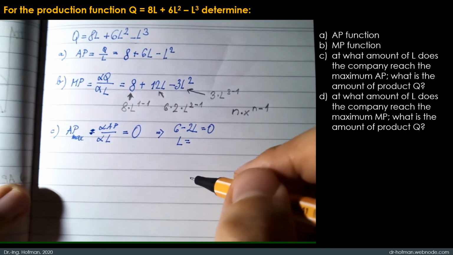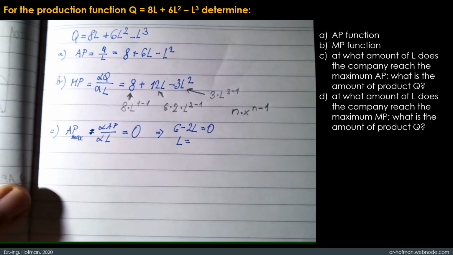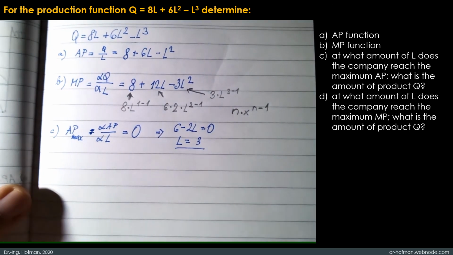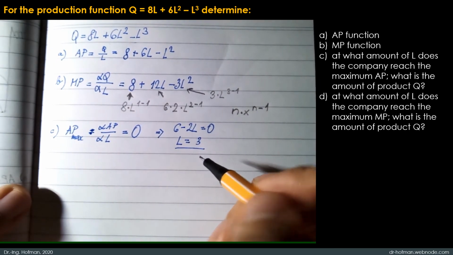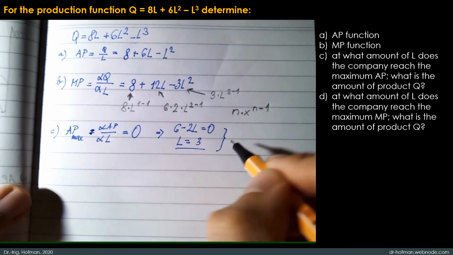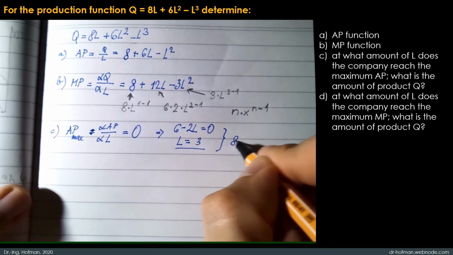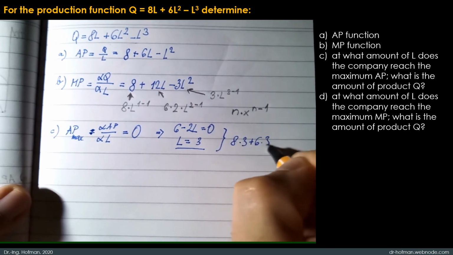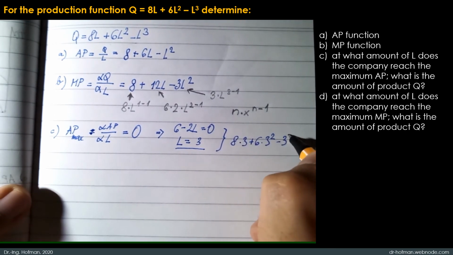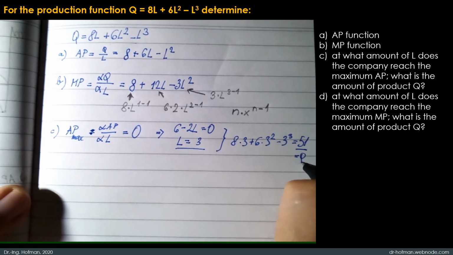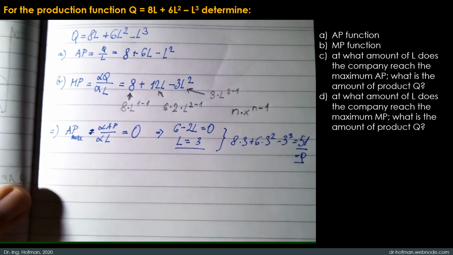From here you know that L equals 3. The other point, Q, by 3 employees, then the production function is 8 times 3 plus 6 times 3 squared minus 3 to the 3, which is 51. So this is the Q coordinate.